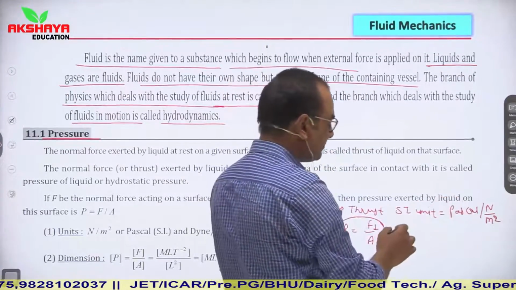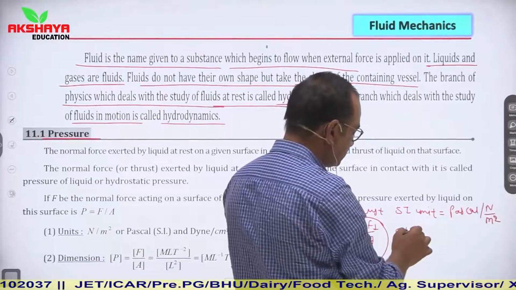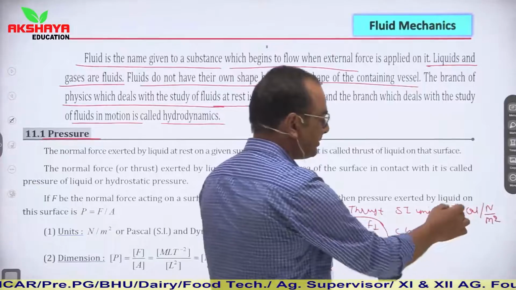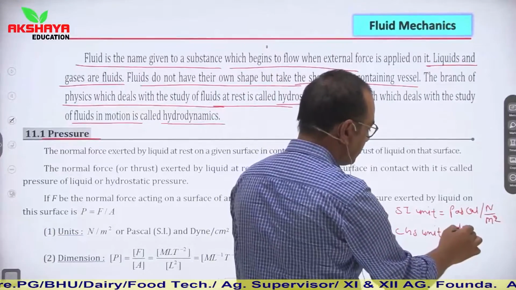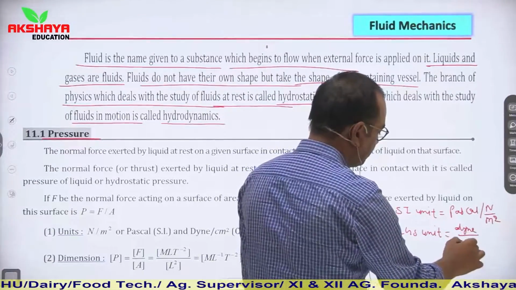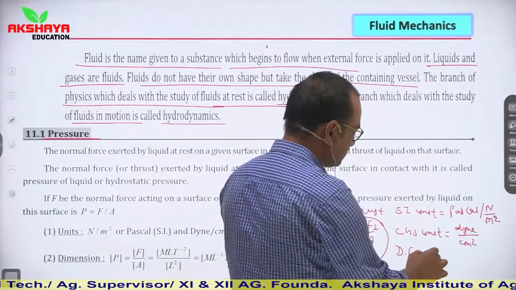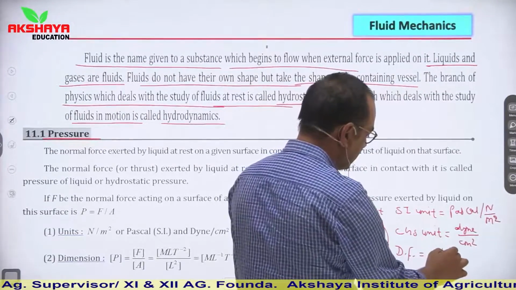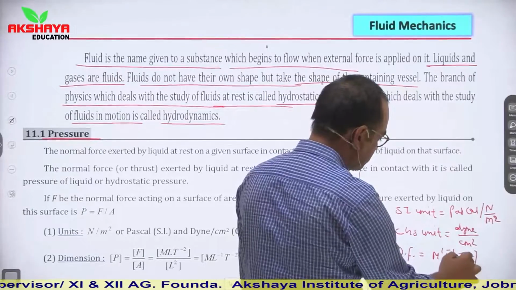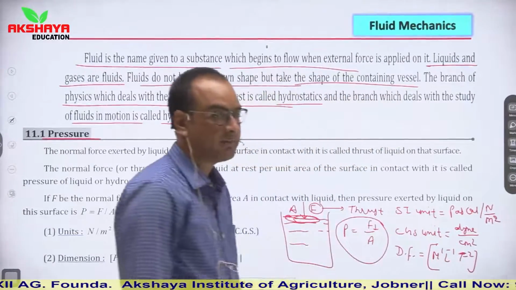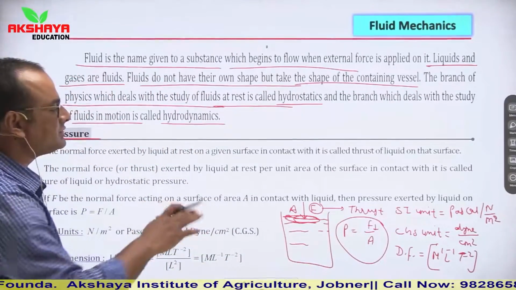Its CGS unit is dyne per centimeter square. Its dimension is M1 L minus 1 T minus 2. So this is the general concept of pressure.